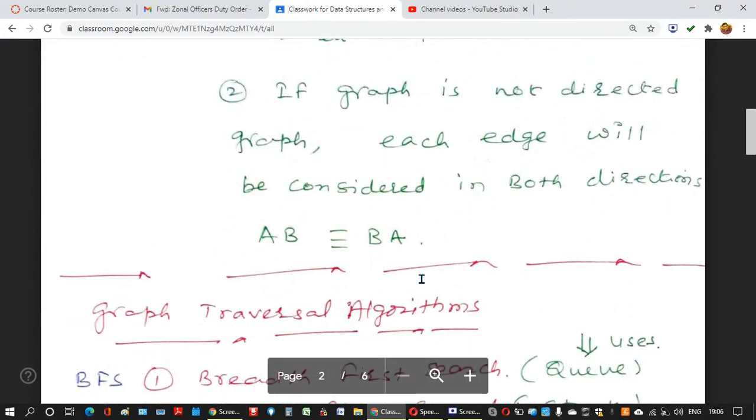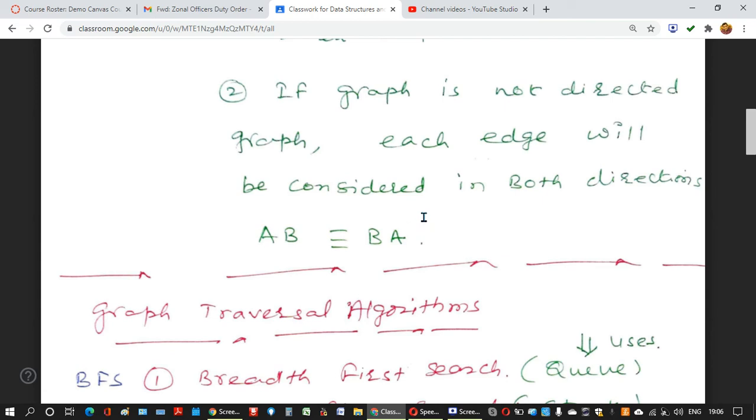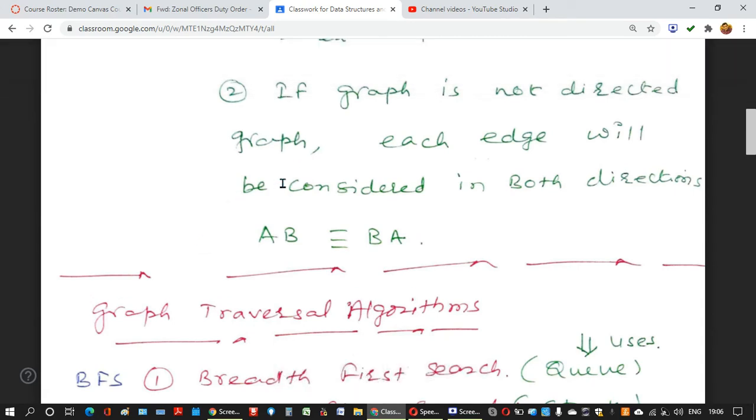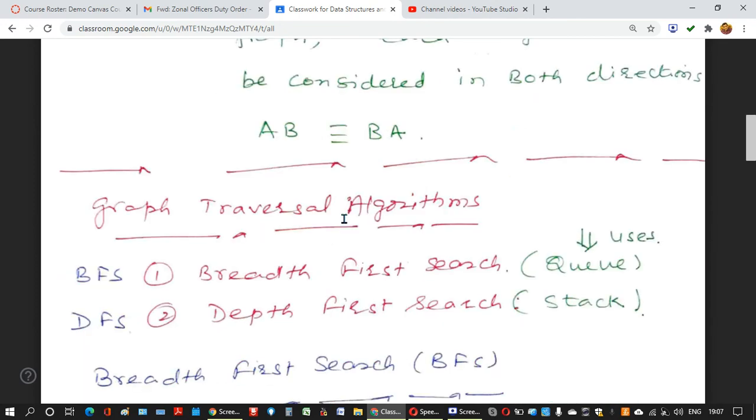If the graph is not a directed graph, each edge will be considered in both directions, AB and BA. So that is always true. If direction is not there, then AB and BA are the same and they are considered in both cases.